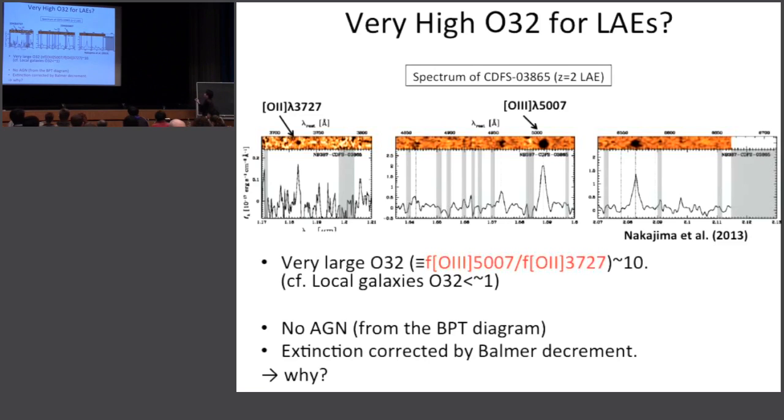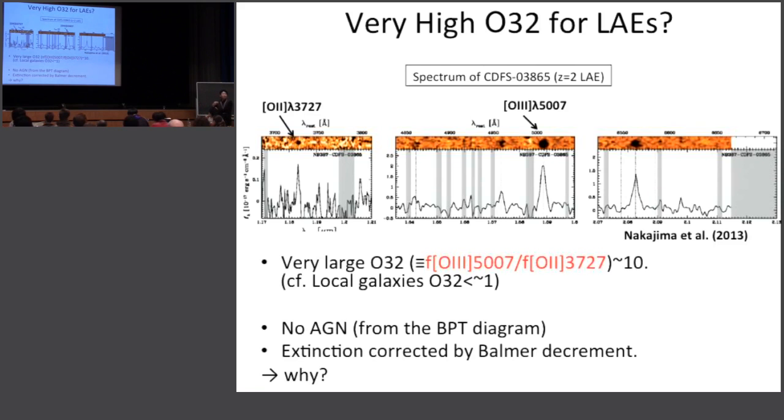What is interesting is that the oxygen 2 is extremely weak compared with the oxygen 3 5007. So if you define O32, the flux ratio of 5007 to 3727, it is about 10.